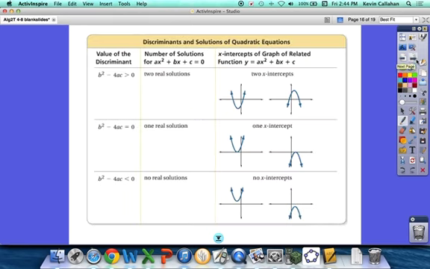So if you go back to this table here, at this step, if we're really doing what the SOL requires, we don't just say no real solutions, we say 2 imaginary solutions. When the discriminant is less than 0, you say 2 imaginary solutions.